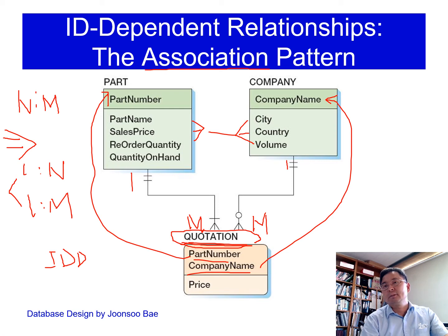By using an association entity, we can change an N to M relationship into 1 to N relationships.